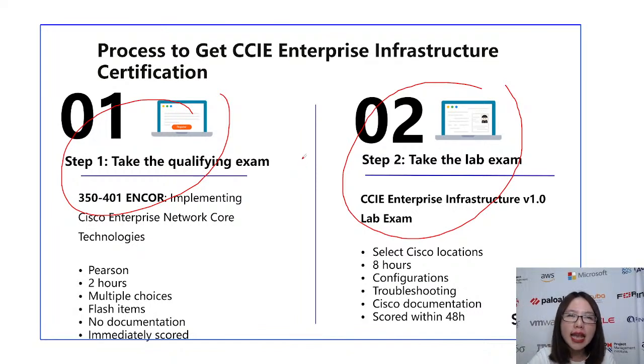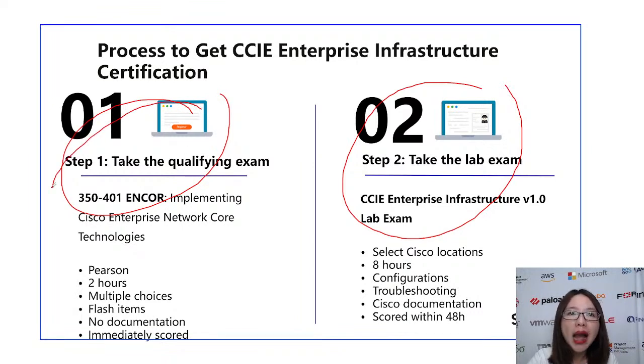To get CCIE Enterprise Infrastructure certified, you have to pass two exams. One is the CCIE EI written exam. This exam tests a candidate's knowledge of implementing core enterprise network technologies including virtualization, infrastructure, network assurance, security, and automation.